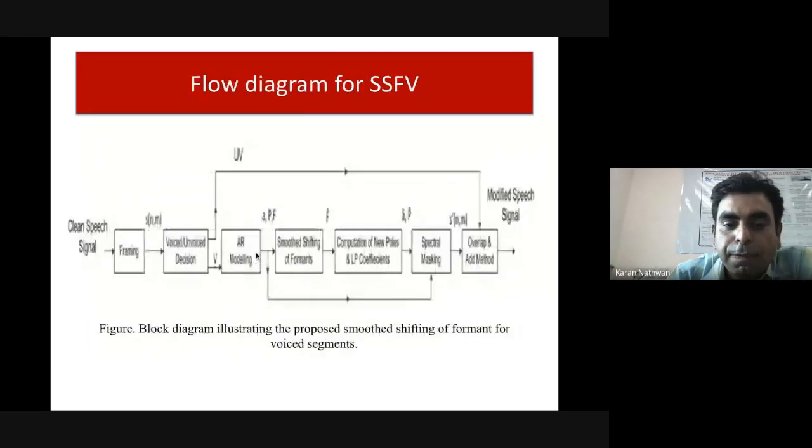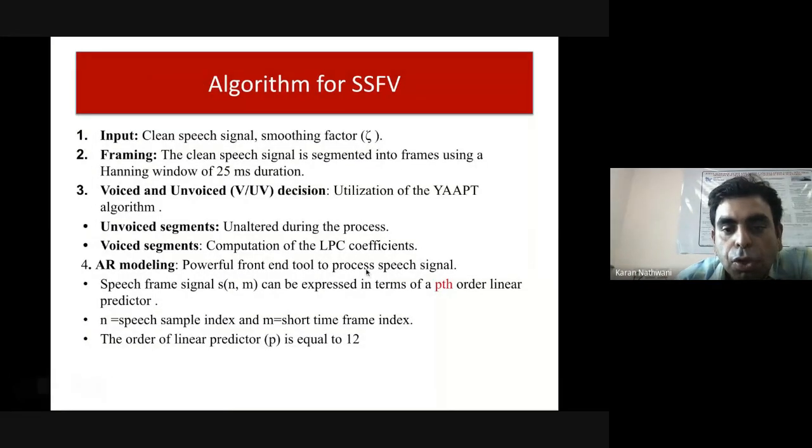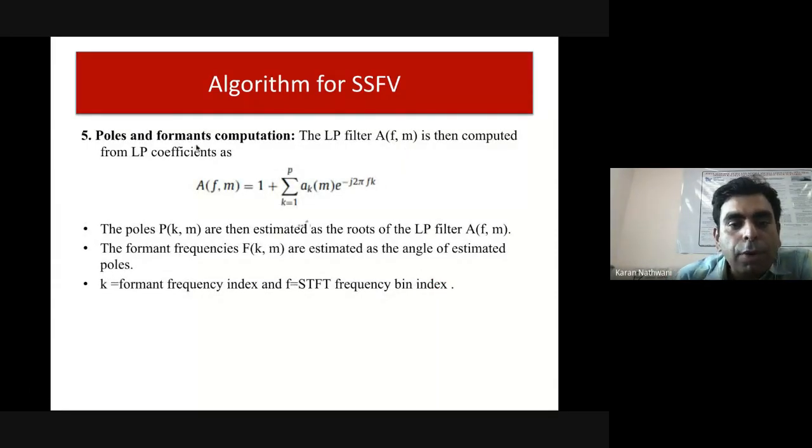For voiced segments, we first compute the pitch. We then compute the LP analysis, where at a particular time instant the signal depends upon the past P samples. You do LP analysis by AR modeling, and the order of the LP coefficients is taken as 12. Generally in speech, we take between 10 and 14. Then we compute the LP poles and formants.